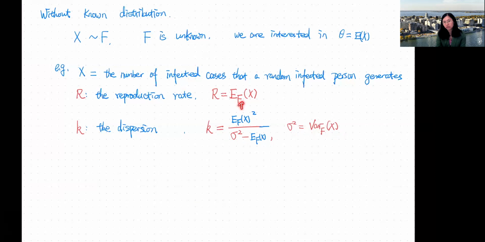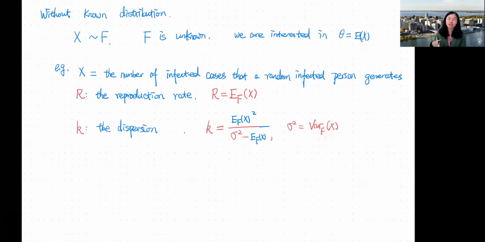This is just to stress that F is the distribution of X. I'm taking the expectation and the variance using the distribution F, under the knowledge that X follows the distribution F.